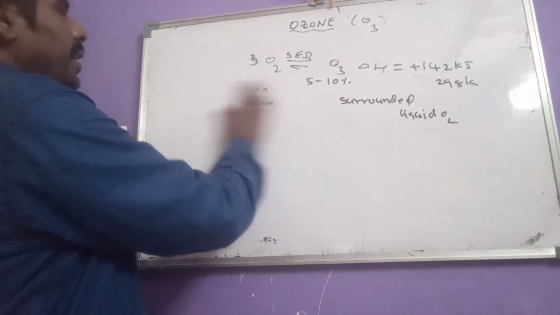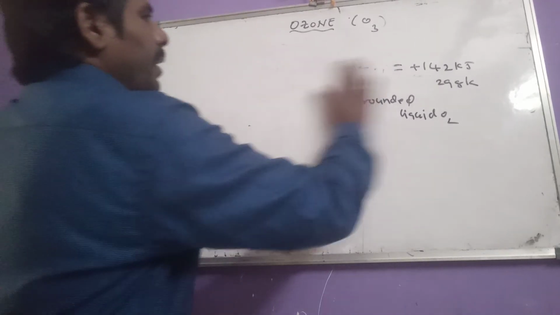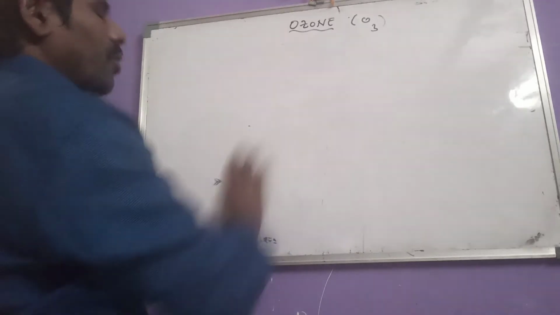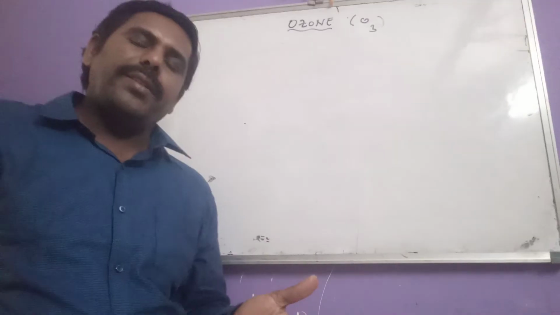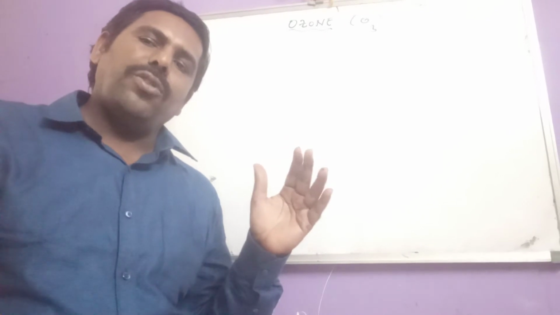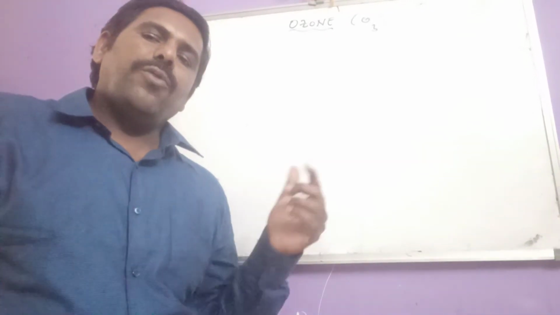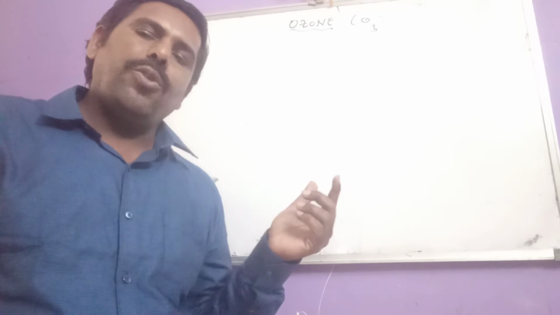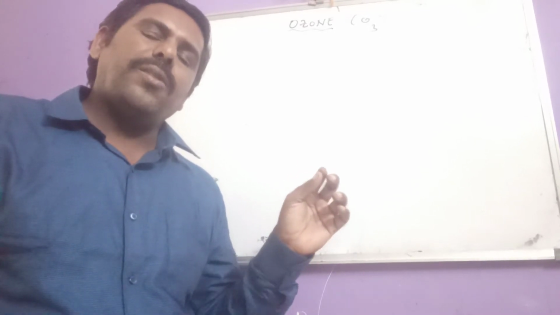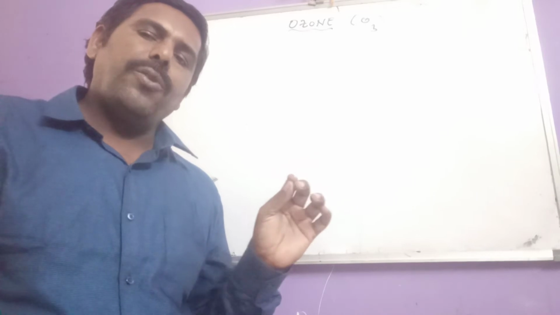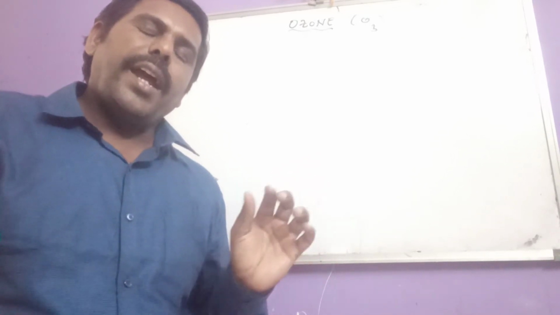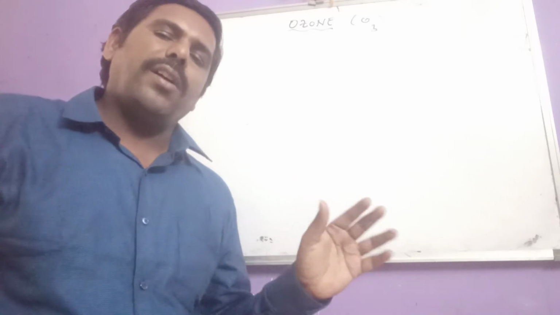Now let us see the chemical and physical properties of ozone. Ozone is a pale blue gas, but in liquid state it has dark blue color, and violet black in solid state.